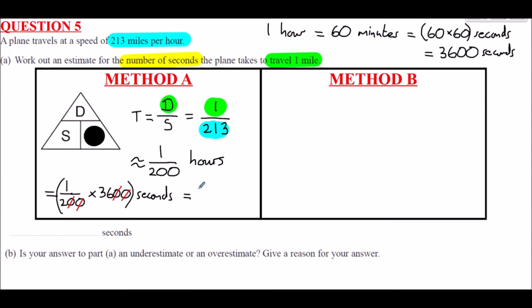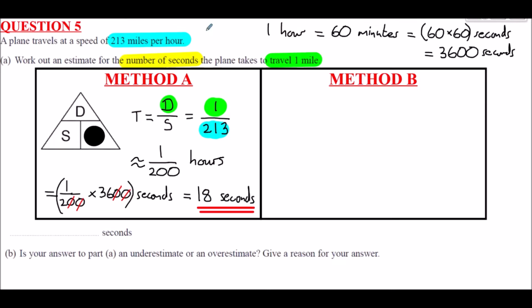A half of 36 is 18 seconds. So that's our estimate for how many seconds the plane would take to travel 1 mile. Doesn't sound like much, but then planes do travel very fast indeed, so that's quite possibly absolutely accurate.